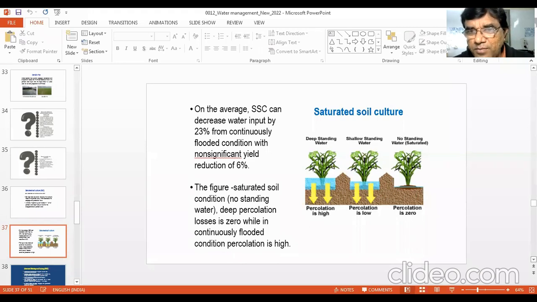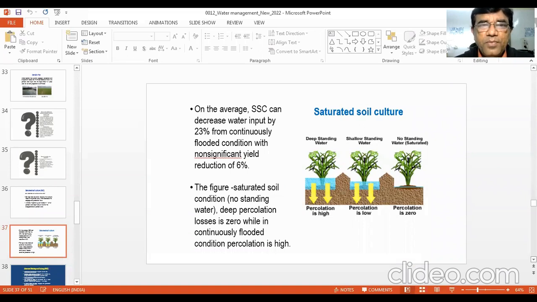See the next, the center figure: percolation is low here because the depth of ponded water is much less than in the previous one. So with shallow standing water, you will have less percolation losses. See the last picture, no standing water, just saturated condition, very little water above the surface. So percolation is almost zero because you do not have excess water that can be removed easily from the soil.